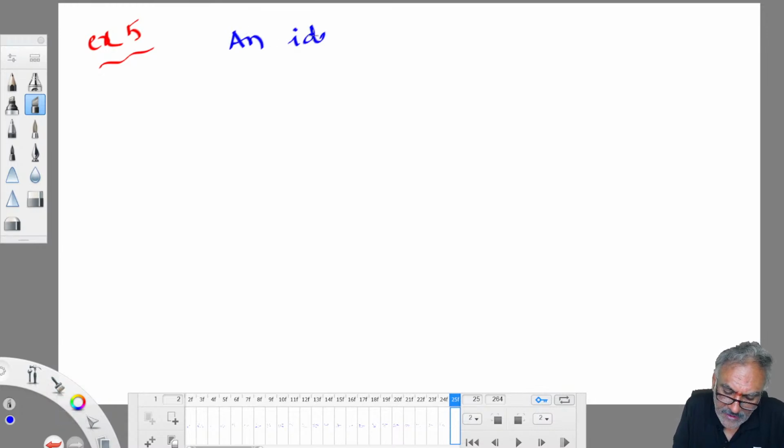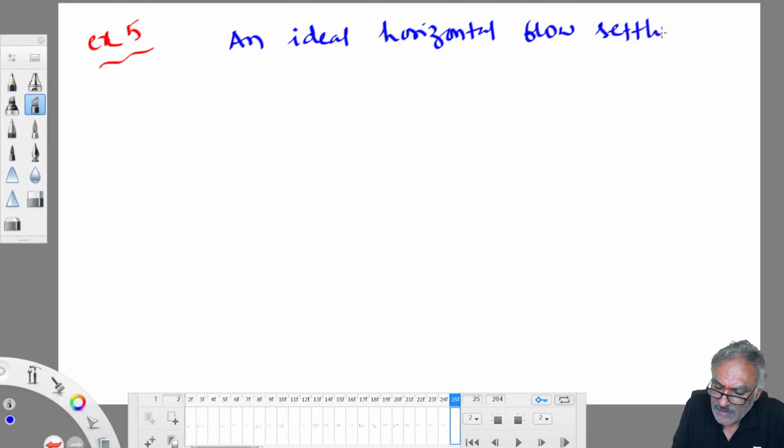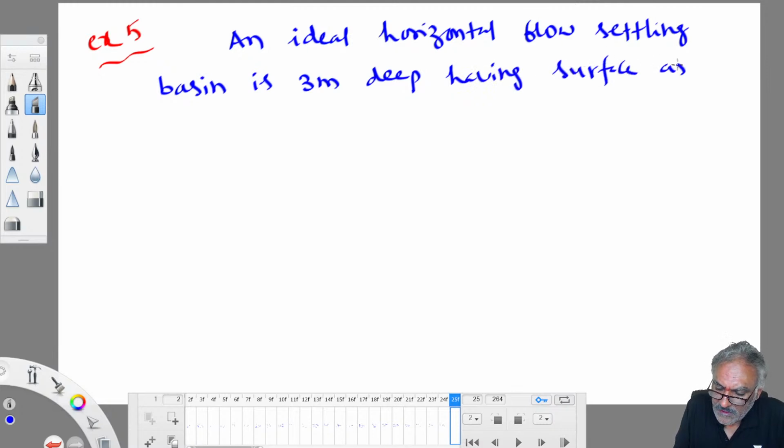An ideal horizontal flow settling basin, three meters deep, having surface area 900 meters square.